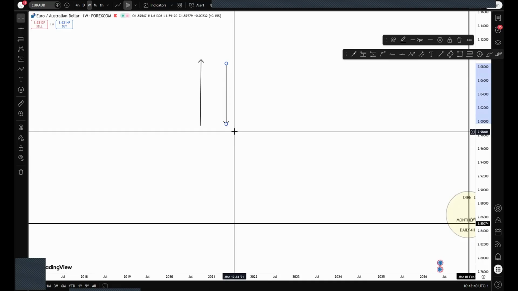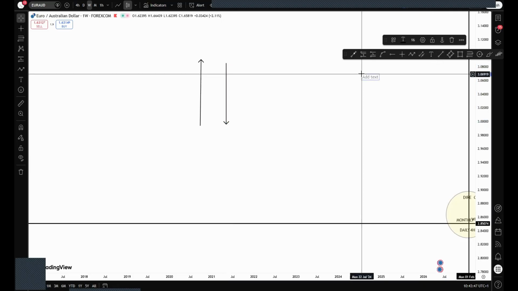That's the only thing you need to know about direction. Okay? So, rules for direction: know when price is going up or down and why it's doing so.